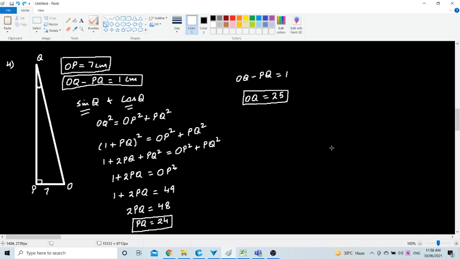So here now it will be Q, this will be P, right angle will be there, and this will be O. OQ, that is hypotenuse, is 25, PQ is 24, and OP is 7. I hope now you can find out the value of sine Q and cos Q.